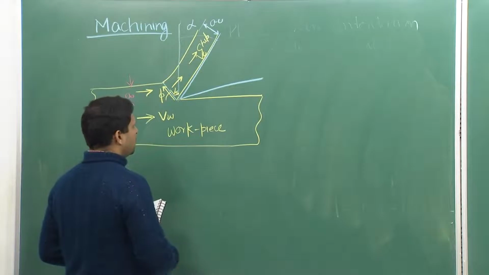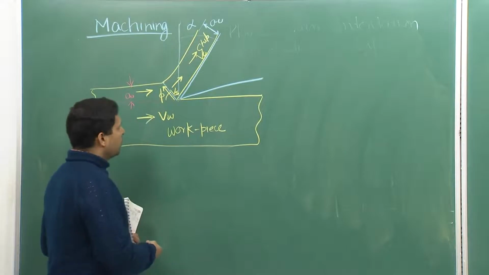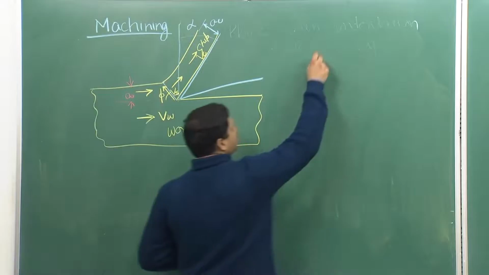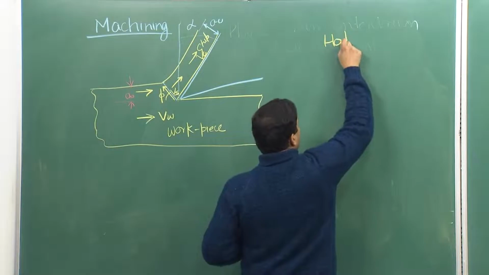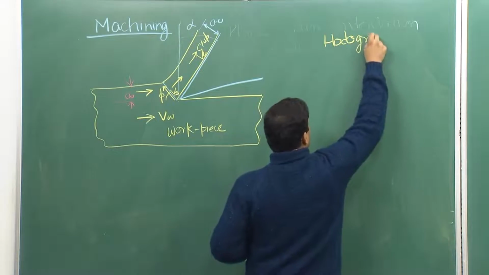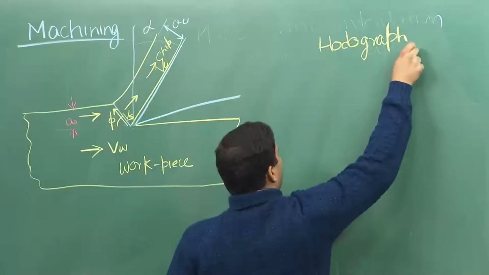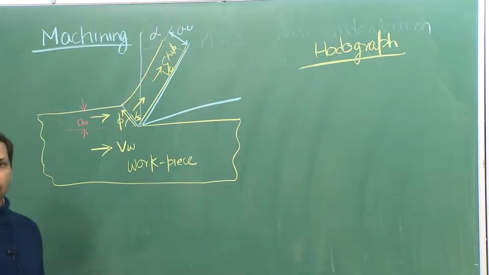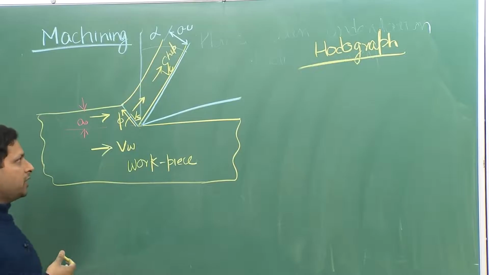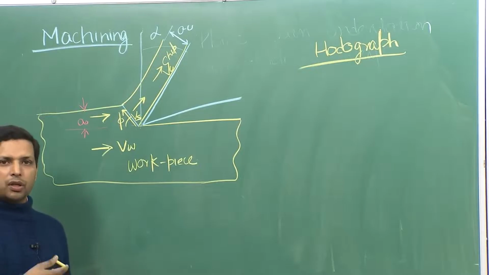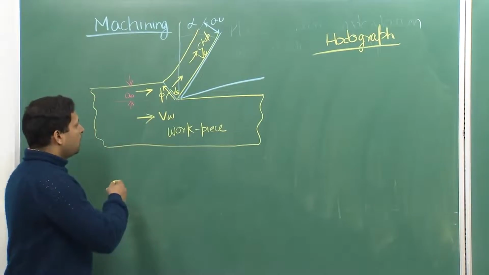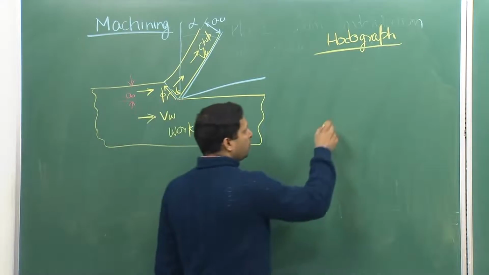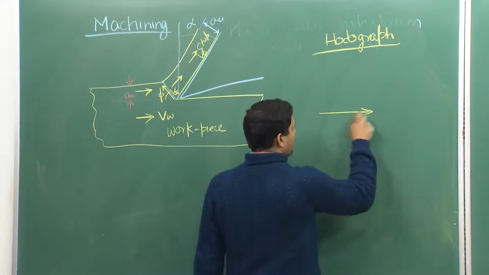Now, let us get to the next step, which is to draw the Hodograph. At this stage, you should be easily able to draw the Hodograph for this one, because this example is very easy to relate to the first problem that we discussed. If you have to draw, you have to have an origin.